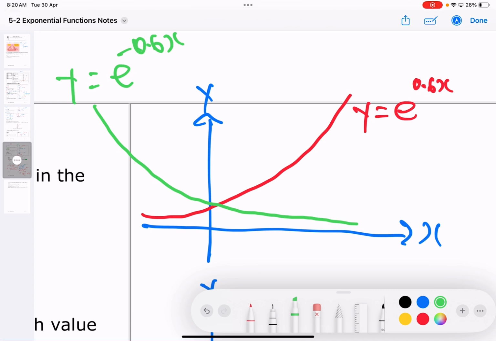Okay, I give you a scenario. Let's say you have, okay, the example not very good. Let's say you have a bacteria.